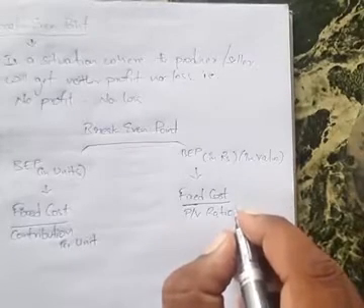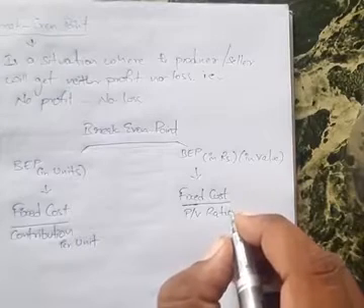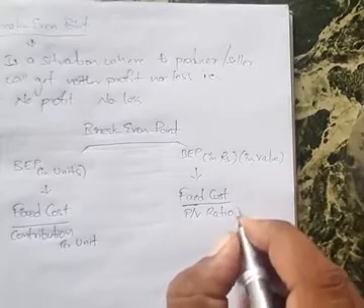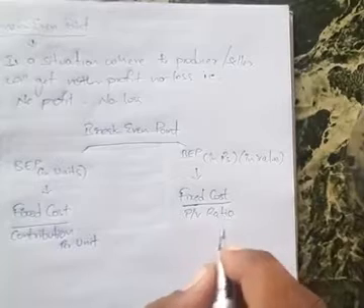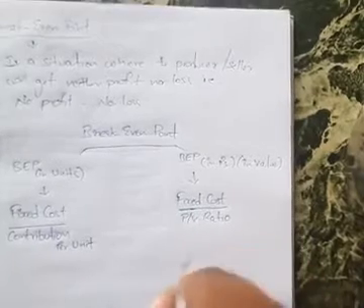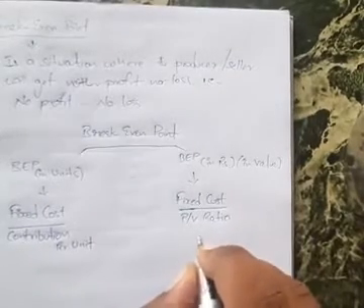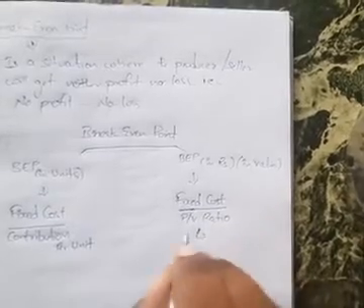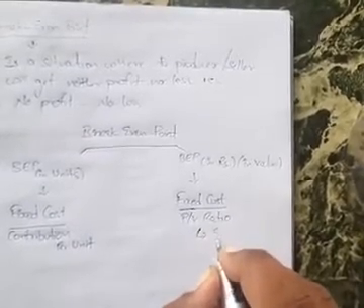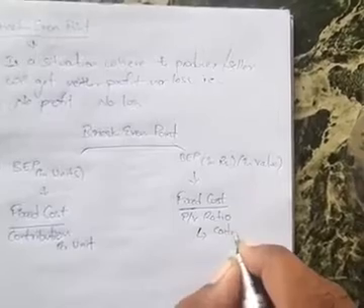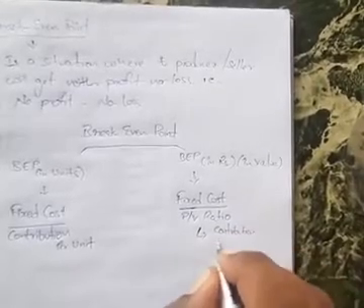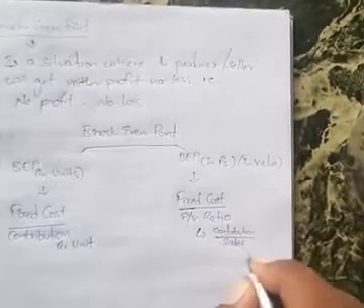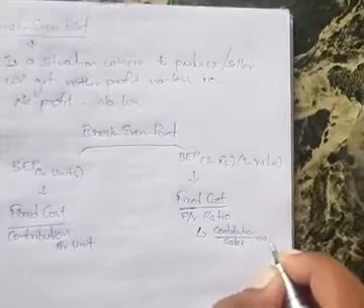This can also be rewritten. You know the formula for PV ratio: contribution by sales into 100.